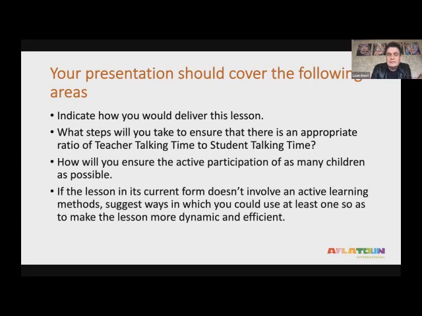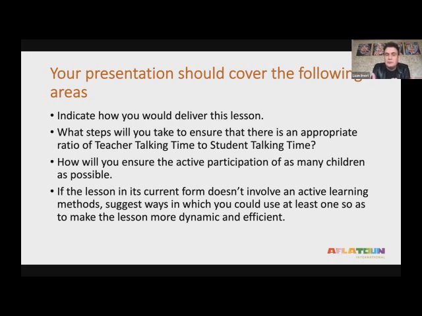if the lesson that you will receive to analyze involves active learning methods, you will need to, if you have the opportunity to analyze that, suggest ways in which at least one other active learning method could be used.